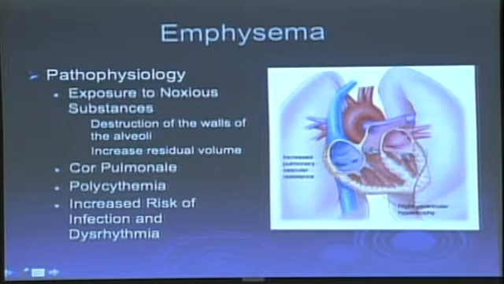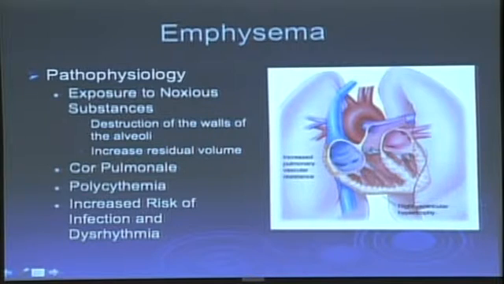One of the big problems with emphysema is that because of the scarring, you get increased vascular resistance to flow. So the right heart has to overcome pulmonary hypertension. You slowly develop pulmonary hypertension, and the right heart begins to hypertrophy.